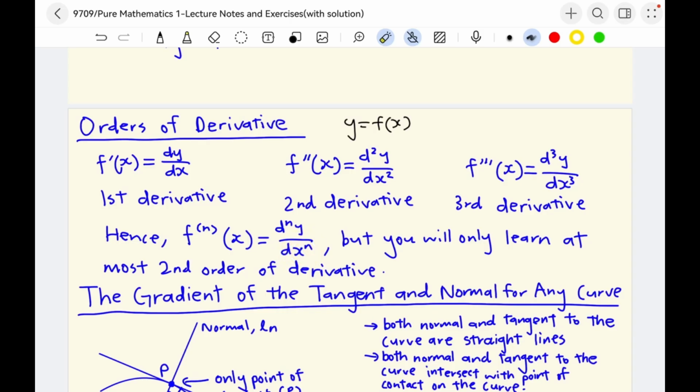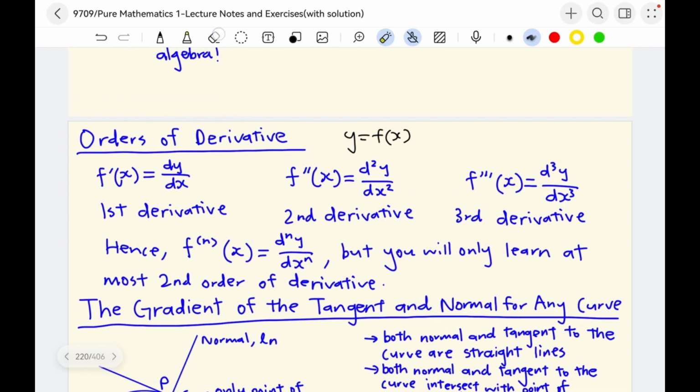But in the AS syllabus, you will only learn at most the second order of derivative, which denotes the nature of the turning points. For this, we will discuss later.